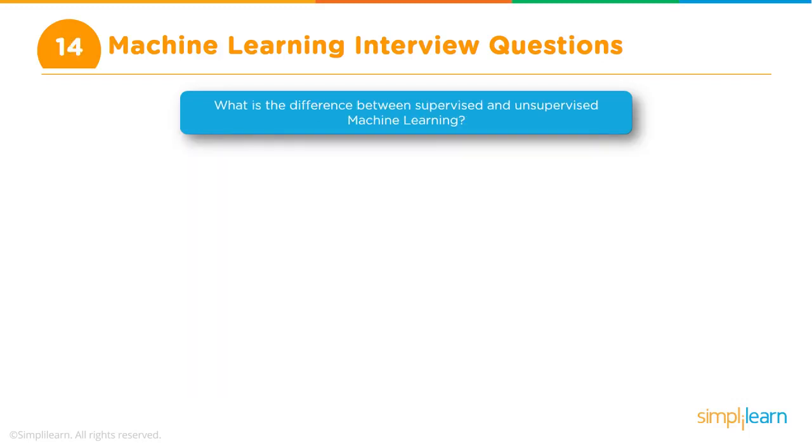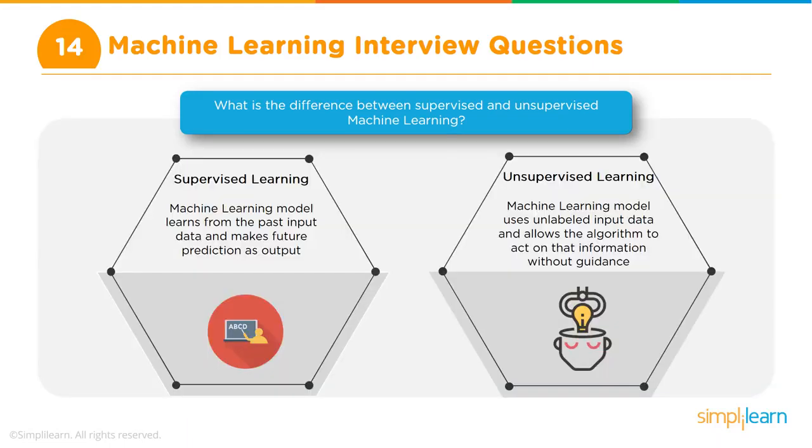Okay. All right, then we have a very fundamental question. What is the difference between supervised and unsupervised machine learning? These are the two main types of machine learning. In case of supervised, probably the keyword that the person may be wanting to hear is labeled data. Very often people say, yeah, we have historical data, and if we run it, it is supervised, and if we don't have historical data, it is unsupervised.